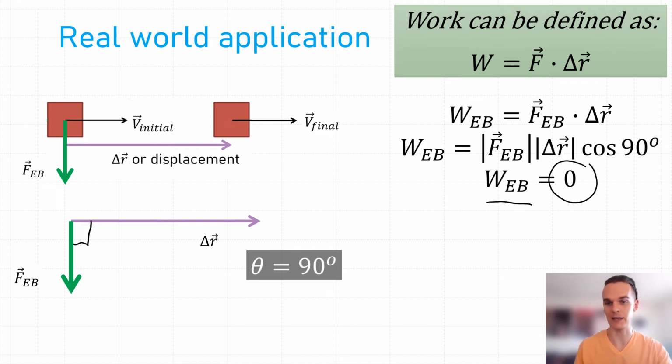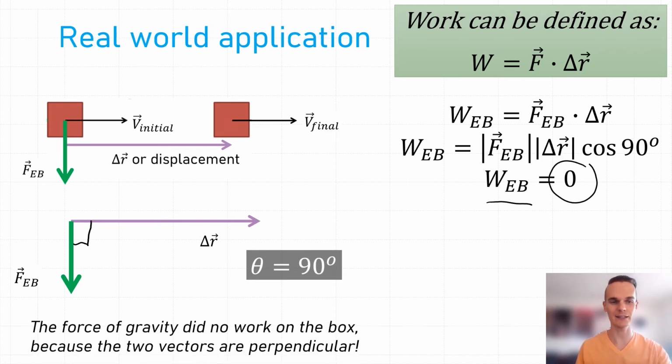So what does this mean physically? In this example, it means that the force vector is perpendicular to the displacement vector, for one thing. It means that the force of gravity did no work on the box, so the force of the Earth on the box did no work. It also means that there was no energy given to the box by the Earth.